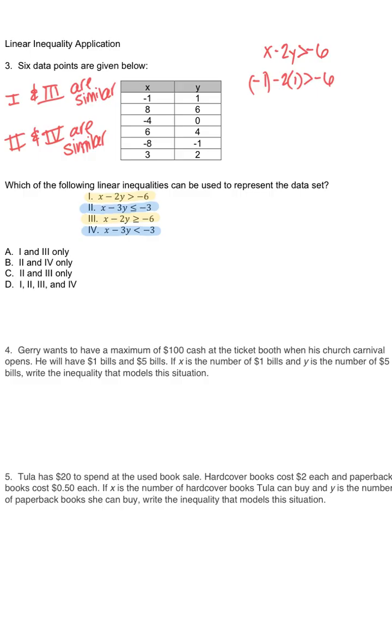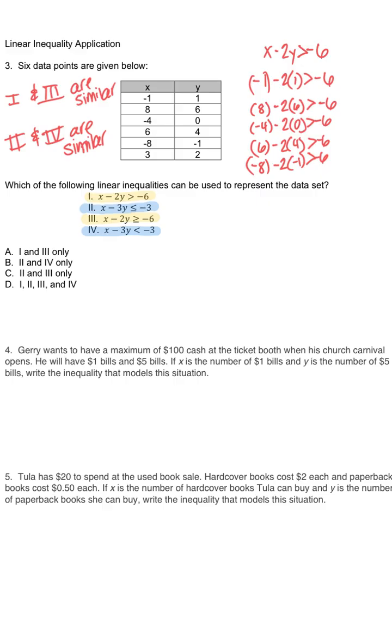Then 8, minus 2 times 6. Again, I'm getting all of these from the chart right next to it. Now I have negative 4, minus 2 times 0; then 6, minus 2 times 4; then negative 8, minus 2 times negative 1.